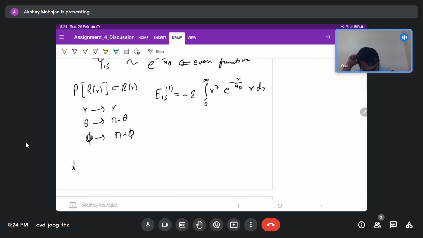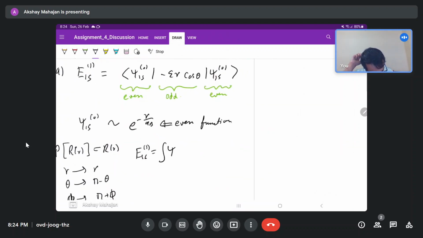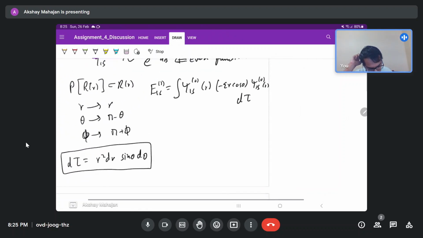Remember that d tau is given by r square dr sine theta d theta d phi. So if you write E1s, the first order correction, that will be psi 1s of 0, a function of r, then your minus epsilon r cos theta, times psi 1s of 0th order of r, times d tau.